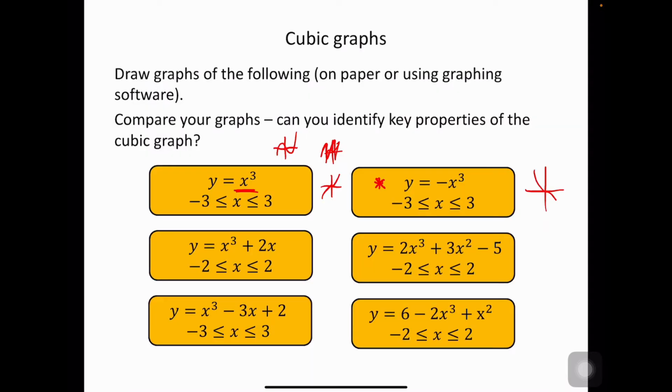So again, just looking at these other functions, I know whether it will be a normal n shape. This will be a normal n shape, this will be a normal n shape as well. This is positive, so an n shape, but this one, although the first value is positive, the x cubed coefficient is negative, and so the shape of this graph will be a backwards n shape.